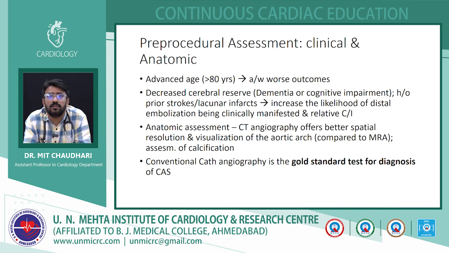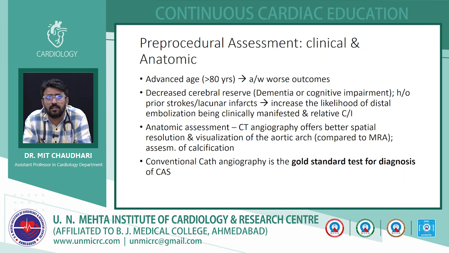So for the procedural aspect, pre-procedural assessment is usually done with CT or MR angiography. It is better to do it beforehand because it can give better visualization of the aortic arch.